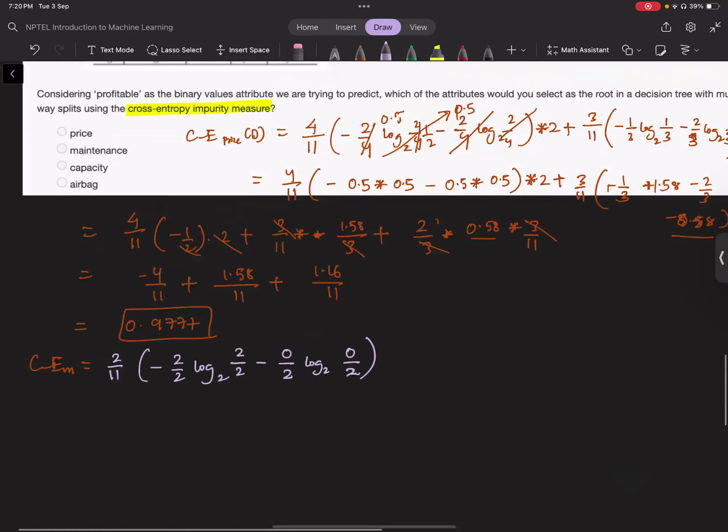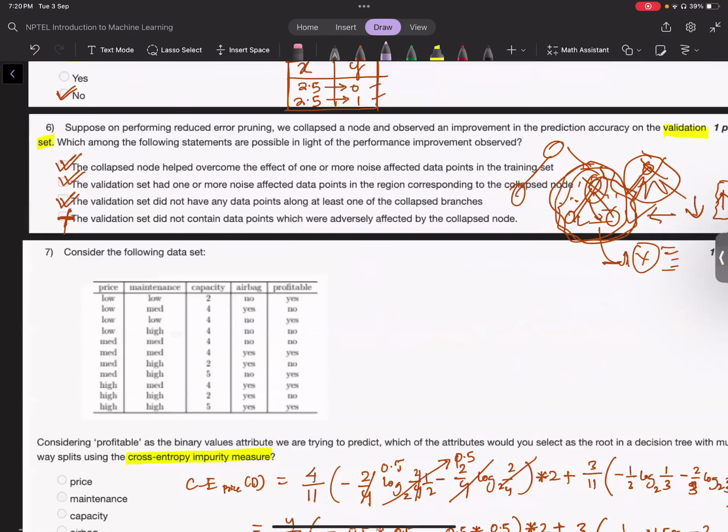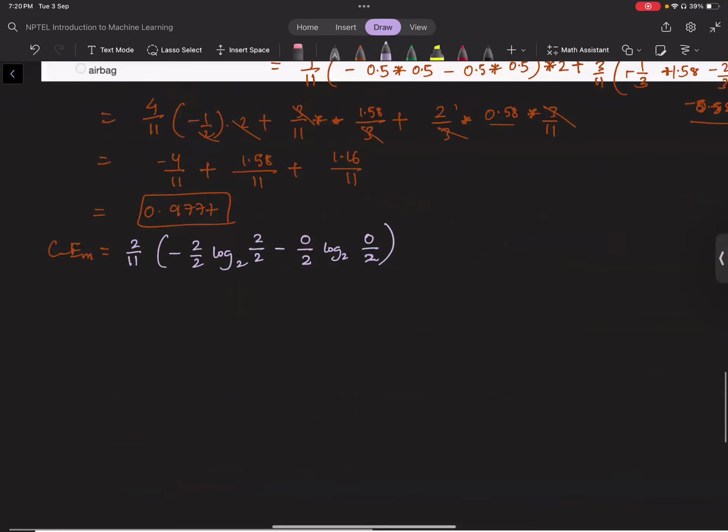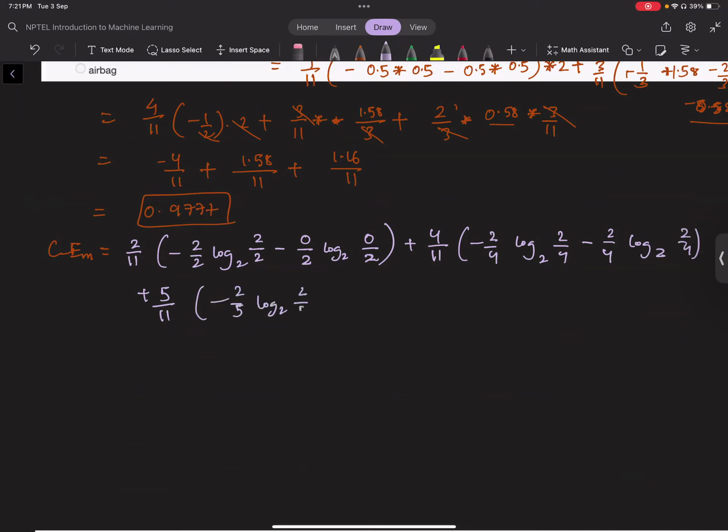The reason for 0 by 2 is that the low is always yes, so there is no no. Plus 4 by 11 times minus 2 by 4 log base 2 2 by 4, minus 2 by 4 log base 2 2 by 4, plus 5 by 11 times minus 2 by 5 log base 2 2 by 5, minus 3 by 5 log base 2 3 by 5.